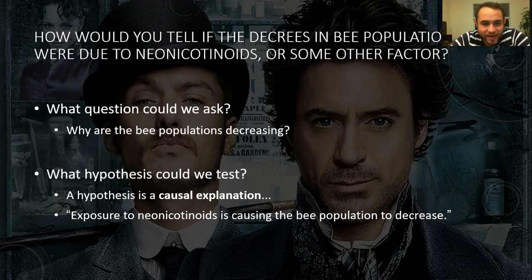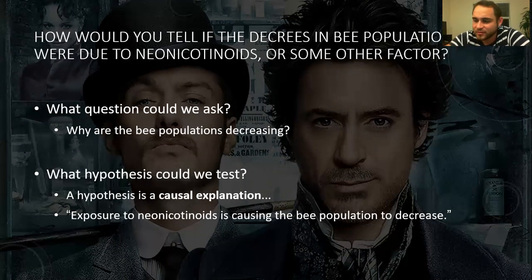Now, with a hypothesis, it is important that we know the definition of a hypothesis, because there's a difference between a hypothesis and a prediction, and sometimes even us scientists don't know it. Usually, a hypothesis is a causal explanation. This is happening because this is there, or because of this change, or because of this disturbance, or because of whatever.